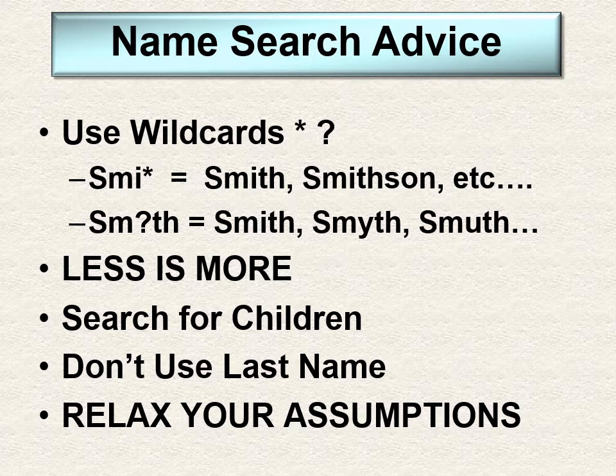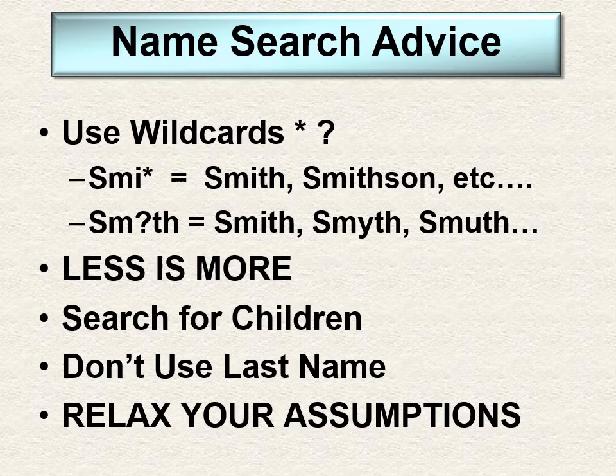However, I would suggest certain things. If you're doing name search situations, you should know about some shortcuts or some hints. You should be able to use wildcards. A wildcard fills in the rest of a name.